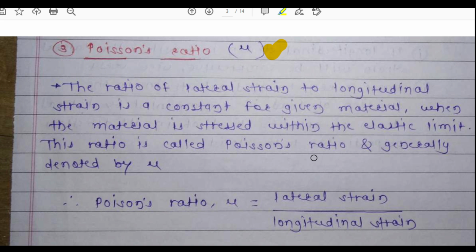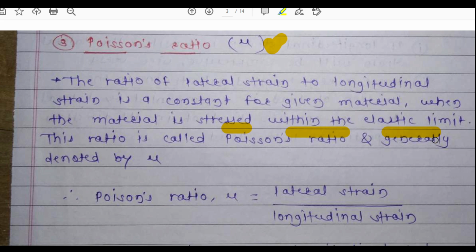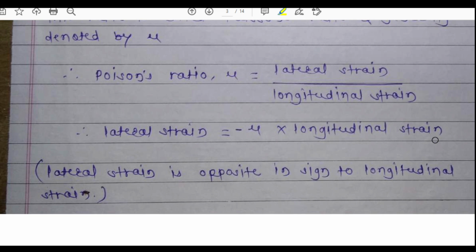But the condition is that the material should be stressed within the elastic limit, that means the material should obey Hooke's law. So the Poisson's ratio will be lateral strain divided by longitudinal strain.